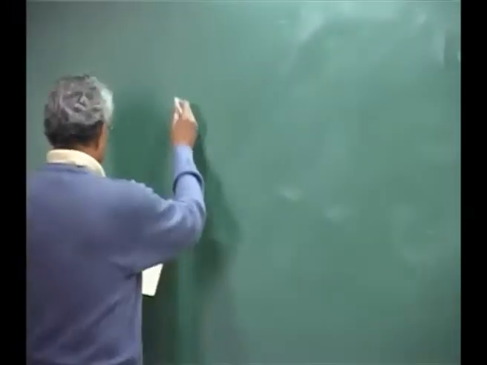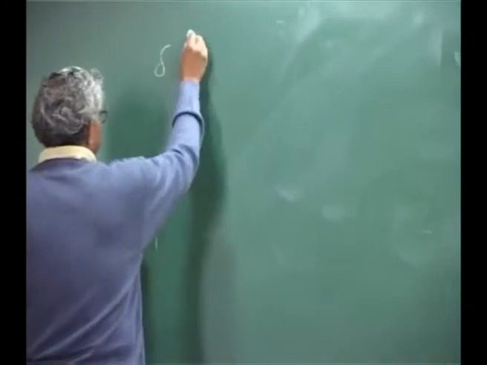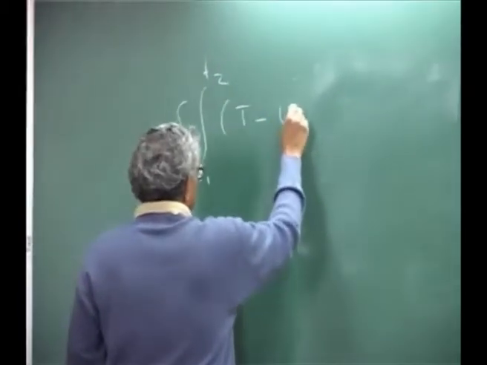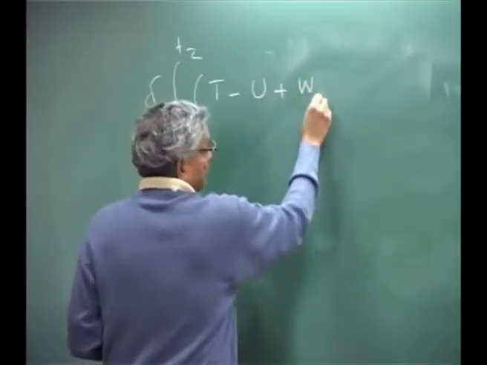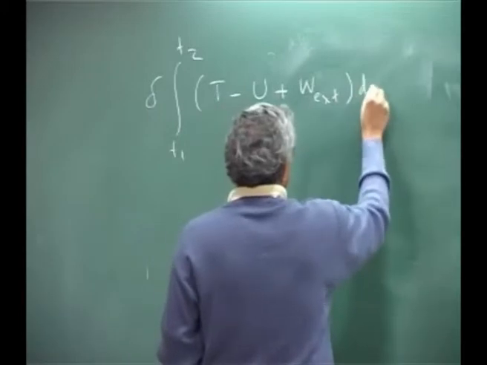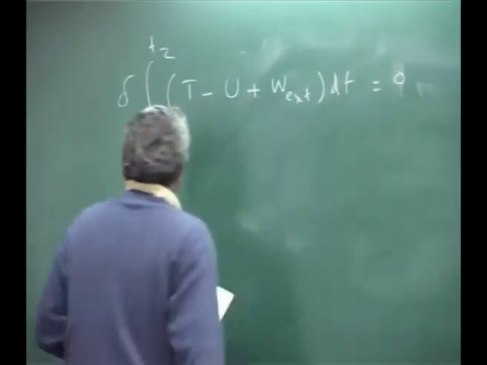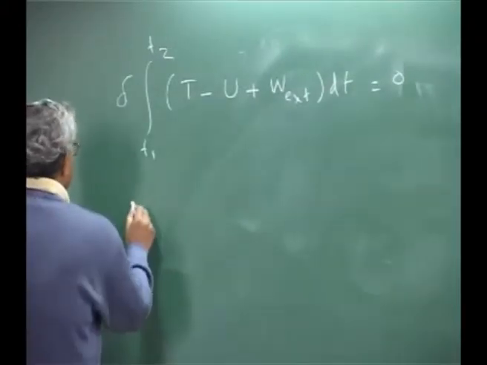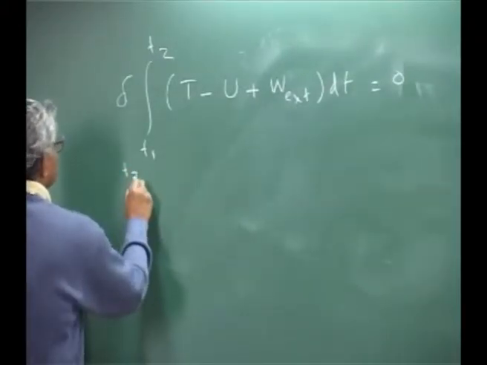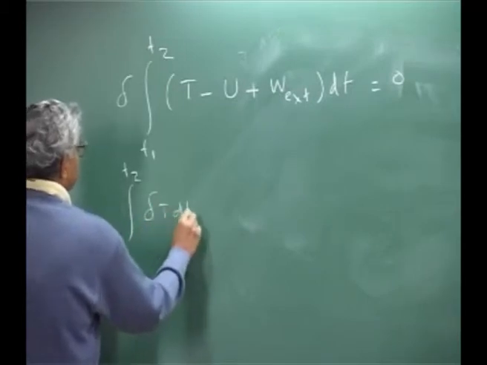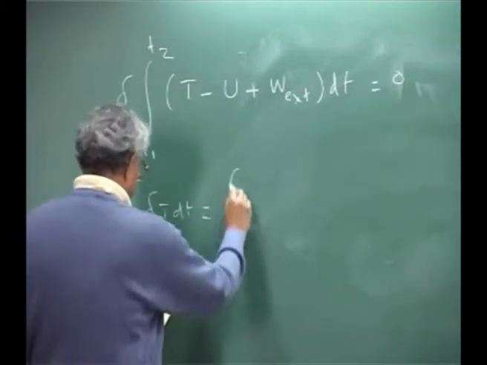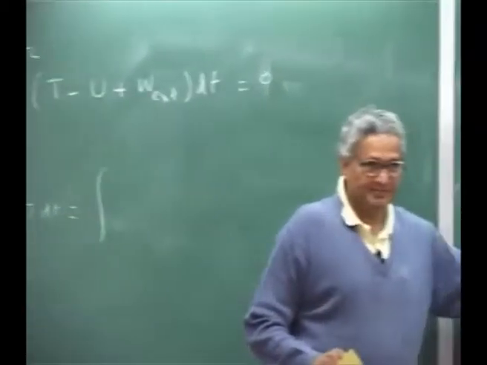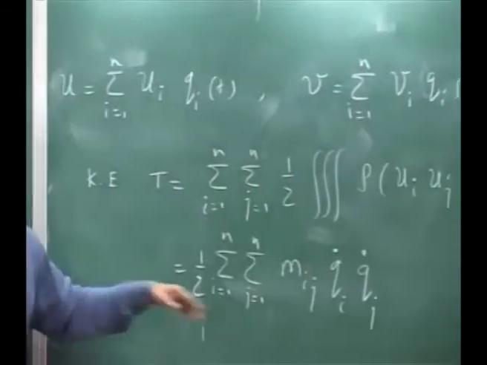So Hamilton's principle, if I use it, will be delta of the integral from T1 to T2 of (T minus U plus W external) dt, equal to 0. So you write each term separately, and then you will have the integral from T1 to T2 of delta T dt. You integrate by parts.